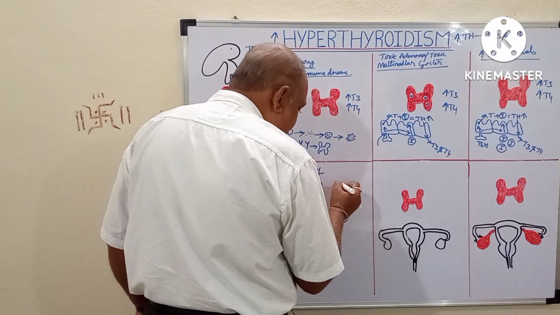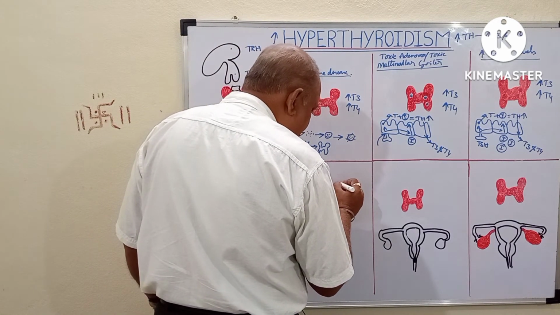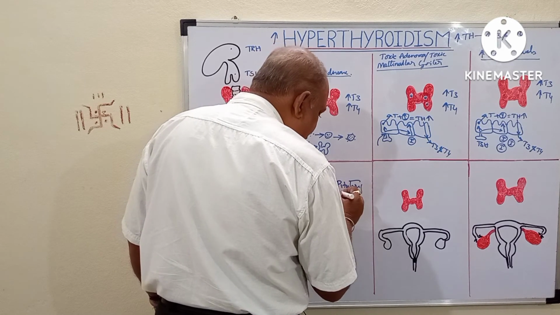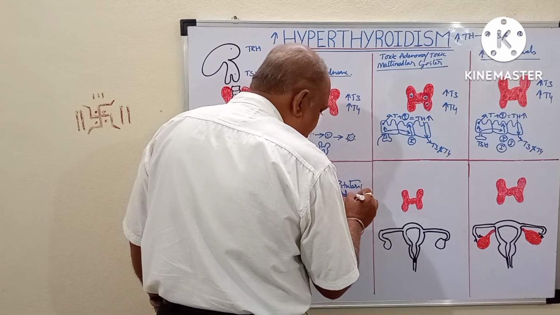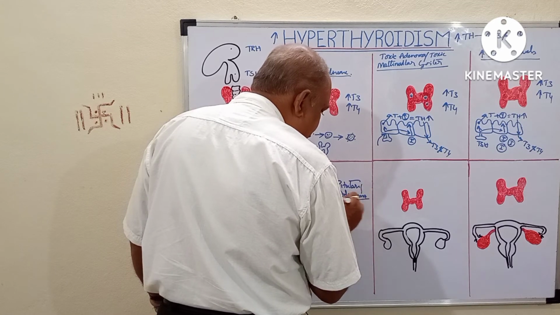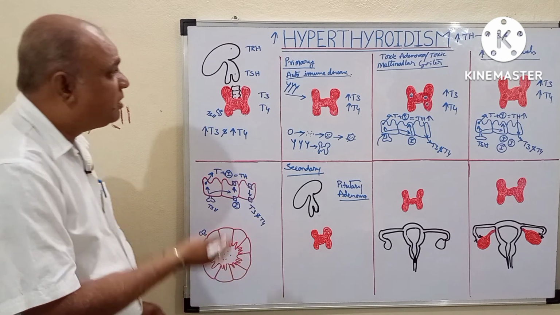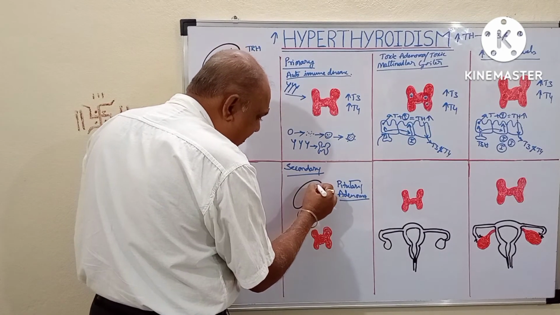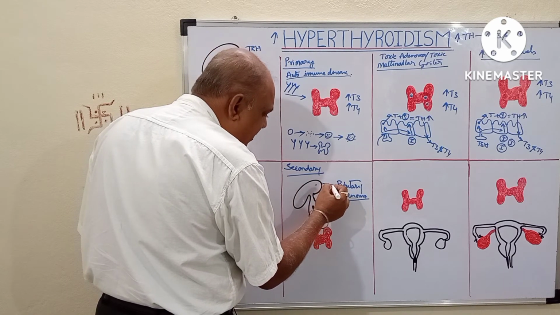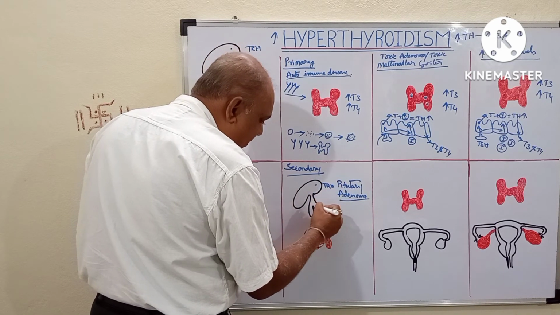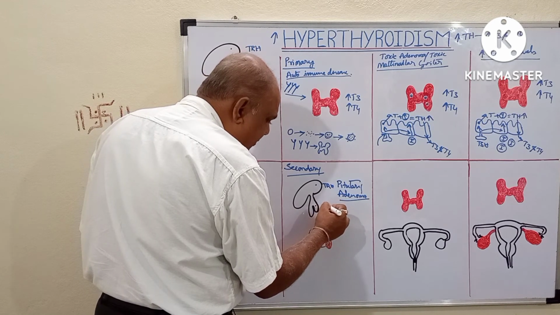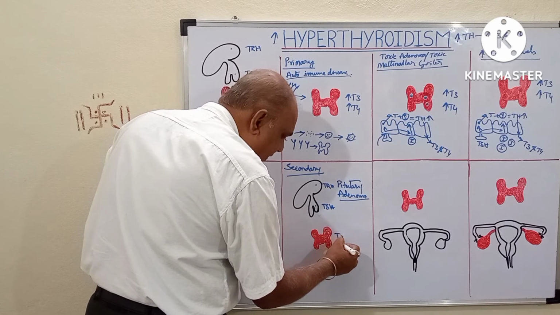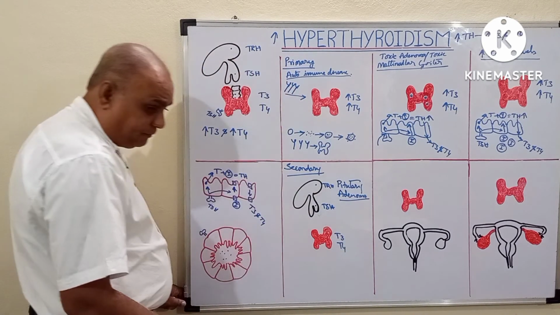In secondary hyperthyroidism, pituitary adenoma can be a cause, because as we know, hypothalamus secretes thyrotropin hormone, pituitary secretes thyroid stimulating hormone, and thyroid gland secretes T3 and T4.